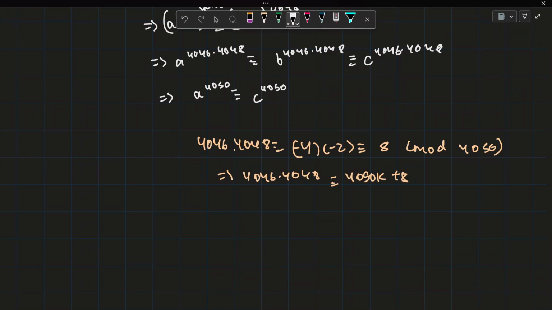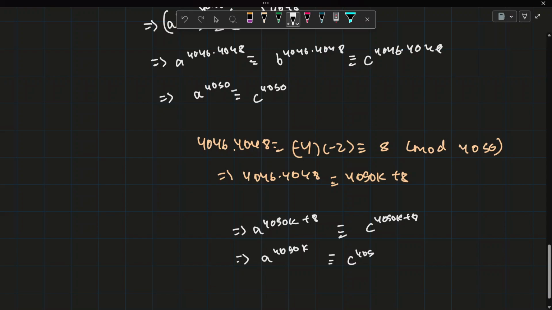What we can do is this implies that A to the power 4050k plus 8 is congruent to C to the power 4050k plus 8, and we also know that A to the power 4050k is congruent to C to the power 4050k.